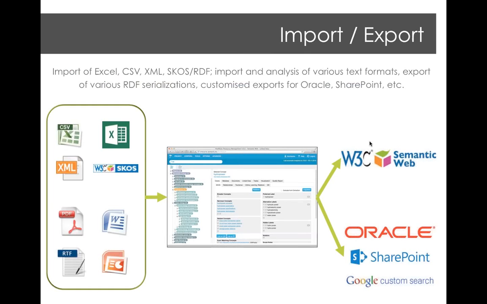For instance, if you want to make a relation between 2 concepts, just drag and drop the 2 concepts on each other and it will be linked instantly. Autocomplete helps you to detect already existing concepts, and of course there's also online help and the typical features provided by a state-of-the-art web application.